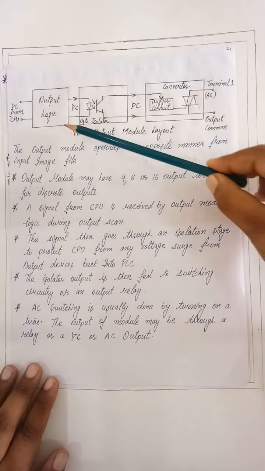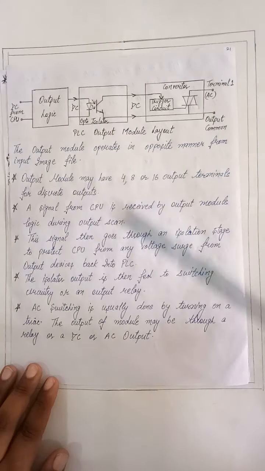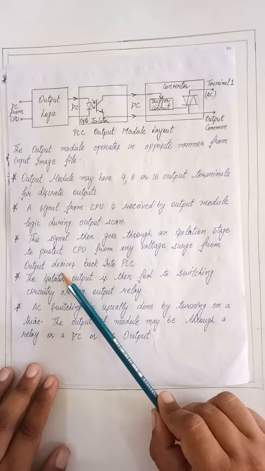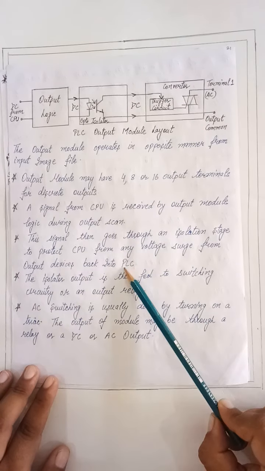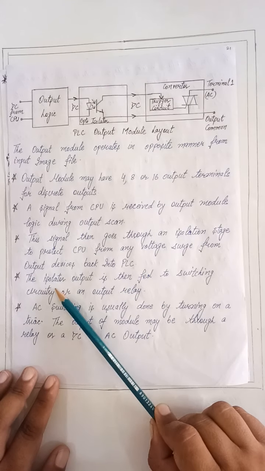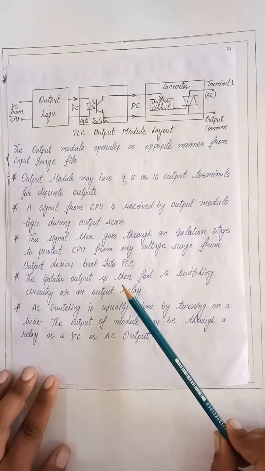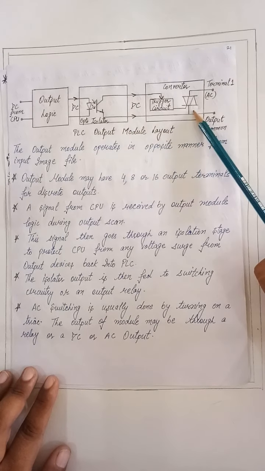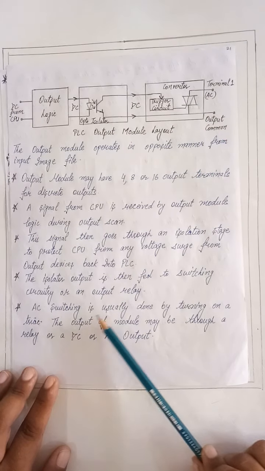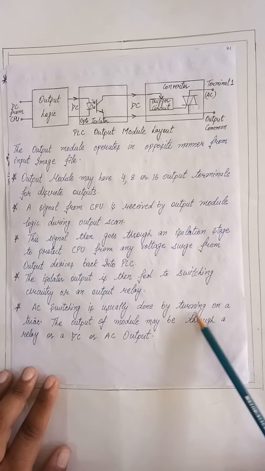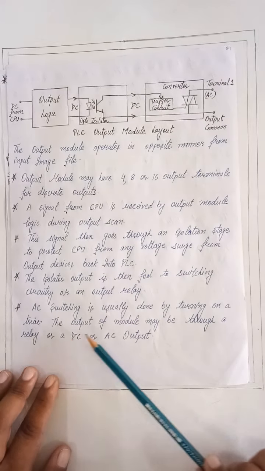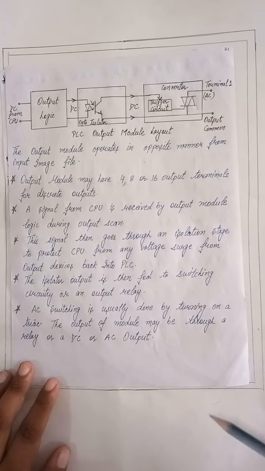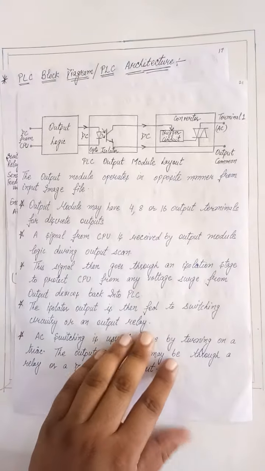This signal then goes through an isolation stage to protect the CPU from any voltage surge from output devices back into the PLC. The isolator output is then fed to a switching circuit or an output relay. AC switching is usually done by turning on a triac. The output of the module may be through a relay or a DC or AC output.